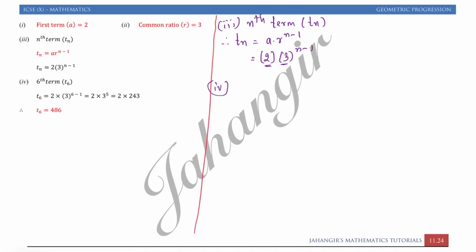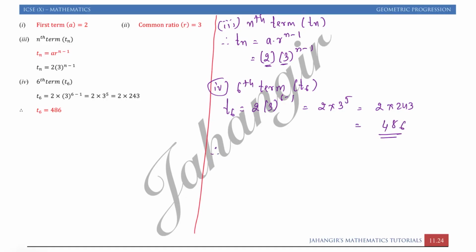Now fourth part में we have to find sixth term. Sixth term can be written as T6. So we can write T6 is equal to 2 into 3 raised to 6 minus 1. That is 2 into 3 raised to 5. That is 2 into 243, which is equal to 486.